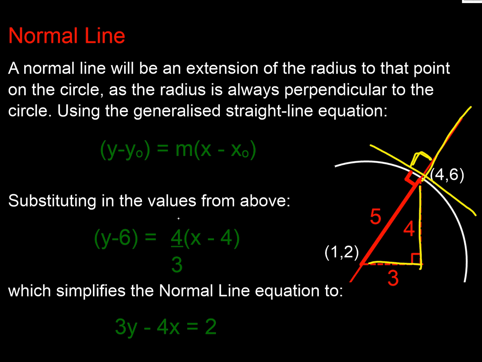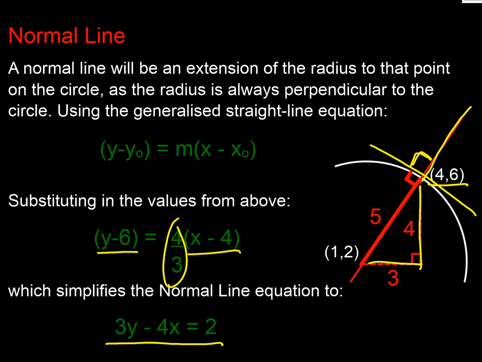Okay, so let's summarize where we are with circles and the general equation. Remember, we're just getting that from Pythagoras, and we're finding a point on the circle compared to the center, and it's got to be a distance r away, which is going to be the hypotenuse.